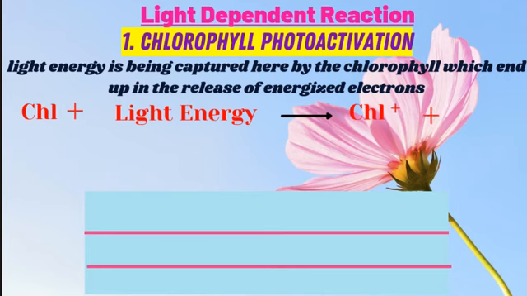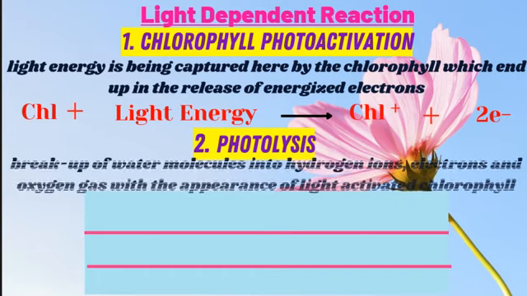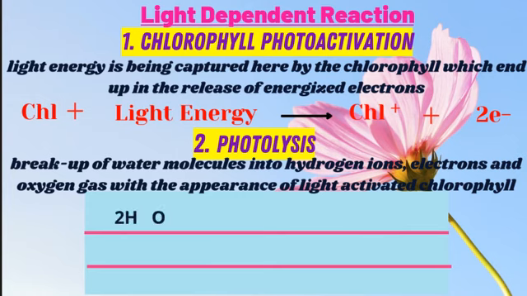And the second major event is the photolysis, wherein there is a breakup of water molecules into hydrogen ions, electrons, and oxygen gas, with the appearance of light-activated chlorophyll. Here is the equation for such event. Two molecules of water in the presence of chlorophyll will result in four hydrogen ions plus four electrons and oxygen gas.